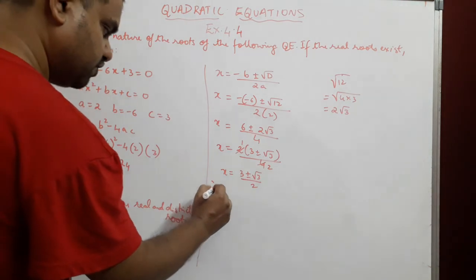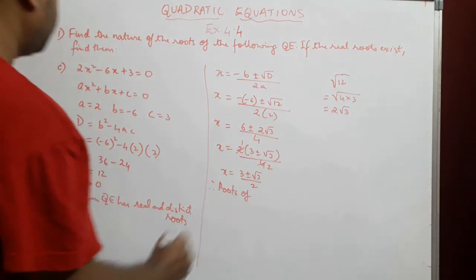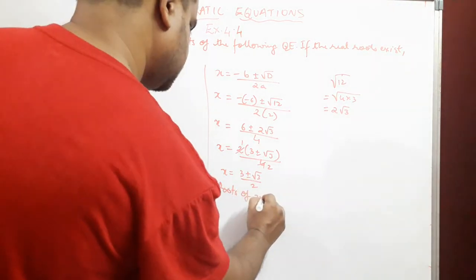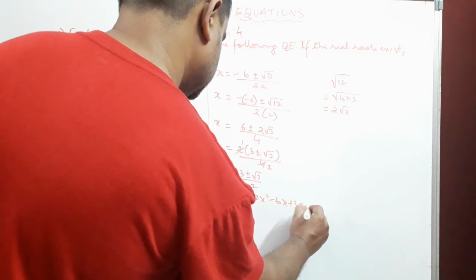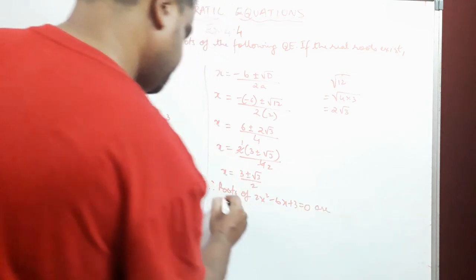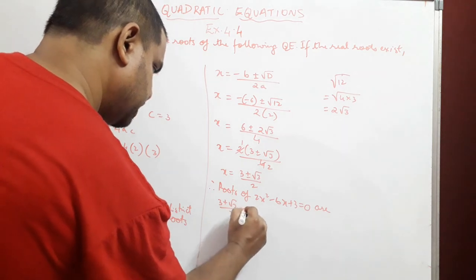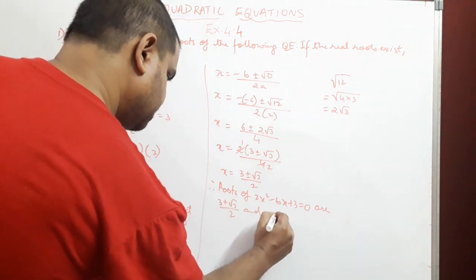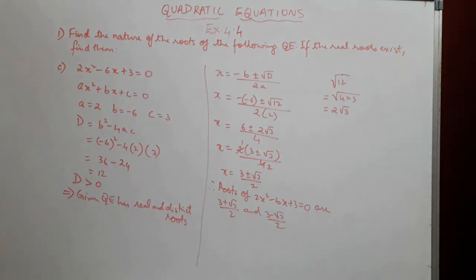You can say therefore roots of the equation 2x square minus 6x plus 3 equal to 0 are 3 plus root 3 upon 2 and 3 minus root 3 upon 2. We get two distinct roots. With this we finish question 1 under exercise 4.4.